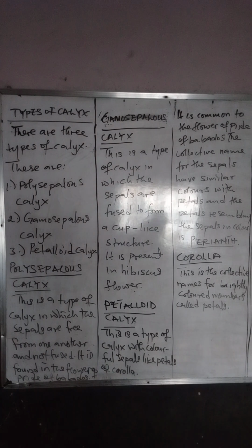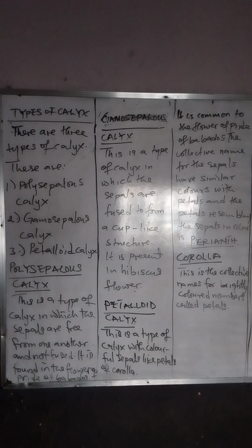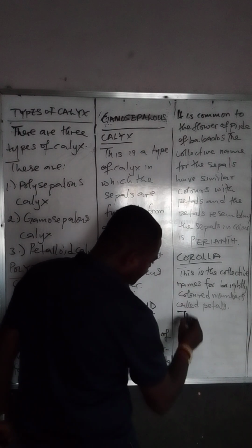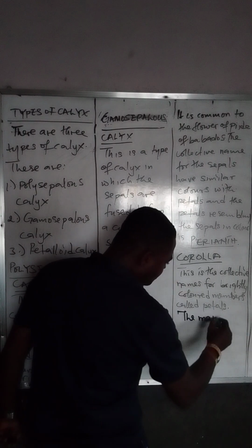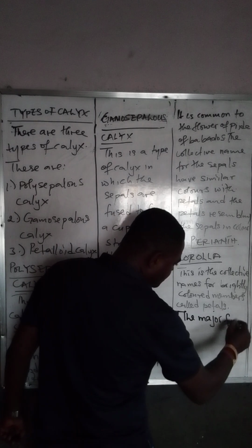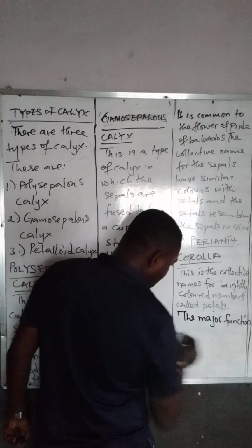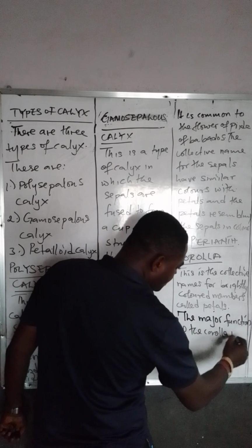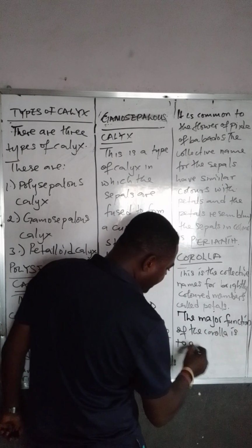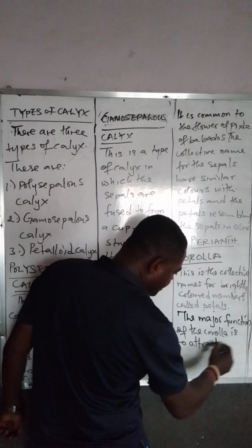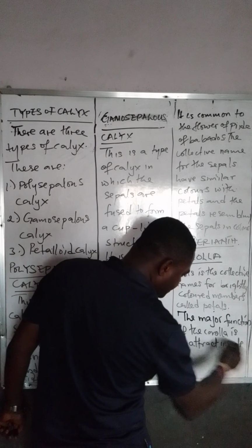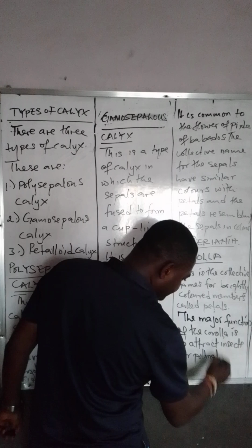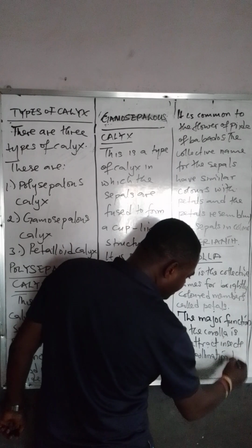Now, what is the function of the petal, the corolla? The major function of the corolla is to attract insects for pollination. Why and how?